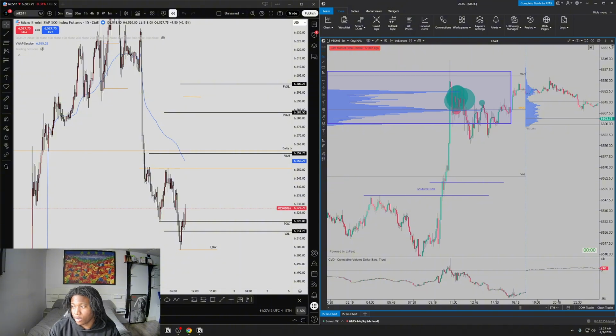Scenario 2, price is inside volume, then only trade extreme, volume high, volume low, avoid middle POC. And the scenario that ended up playing out is the 3. If price breaks above volume area high and maintains acceptance, then look for long on a retest on the M5.